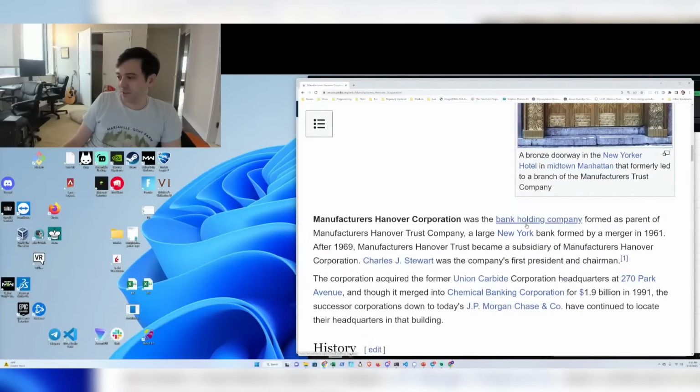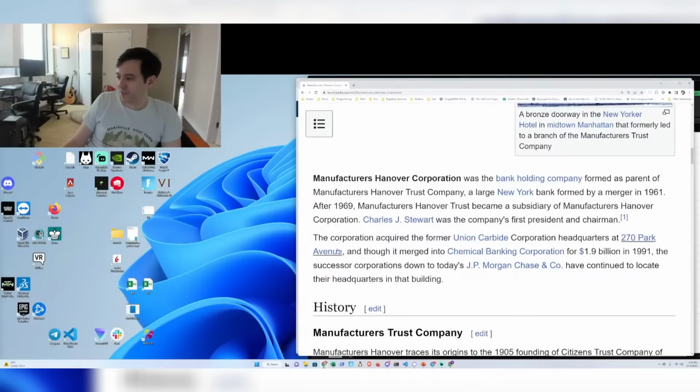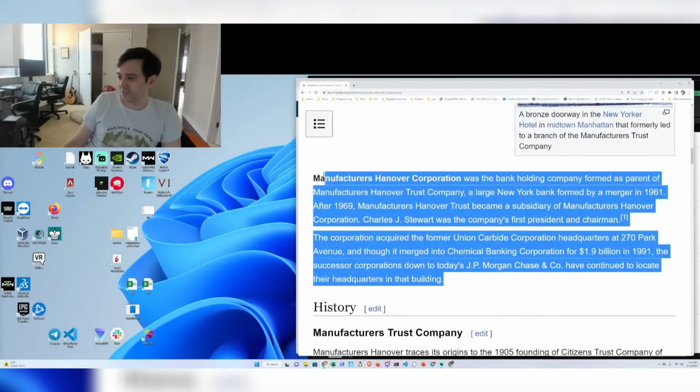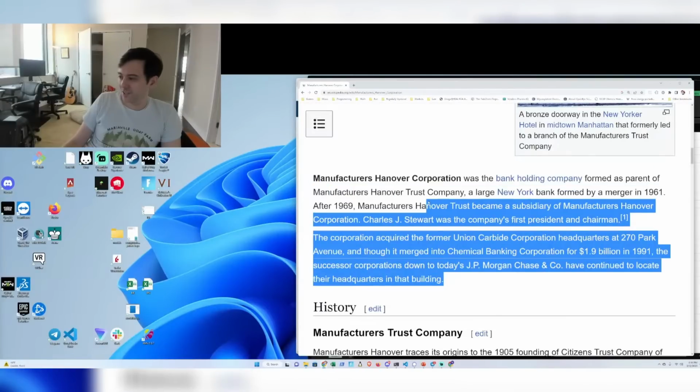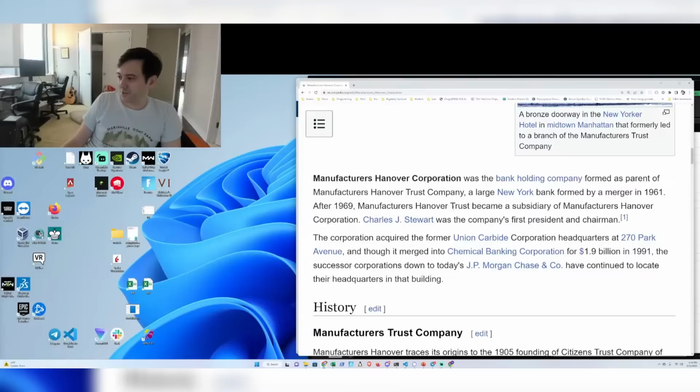So banks were actually quite a bit more diversified over the years. JP Morgan is kind of the successor of this bank, Manufacturers Hanover Trust, and the big mergers that occurred to create JP Morgan.